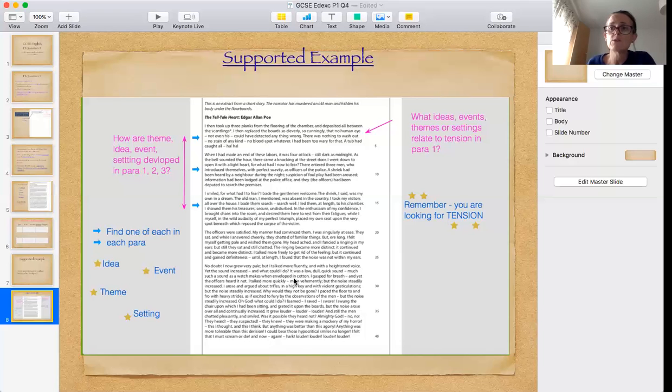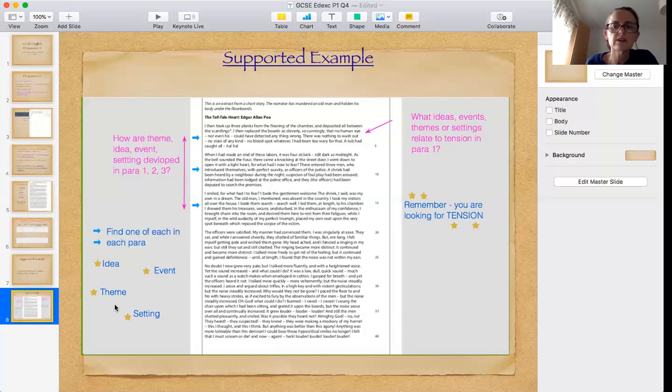And another thing to help you: if you find idea, event, theme or setting a little bit too much to look at all at once, then find one in each paragraph. Find an idea in paragraph 1, find an event in paragraph 2, find a theme in paragraph 3, and look at setting in paragraph 4, so that you can then just concentrate on each one.